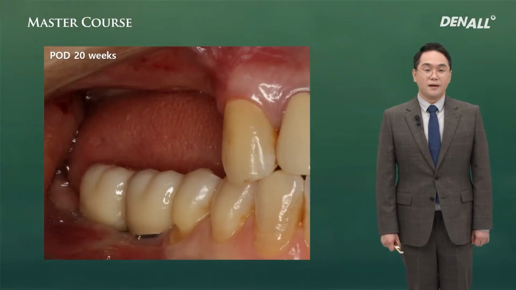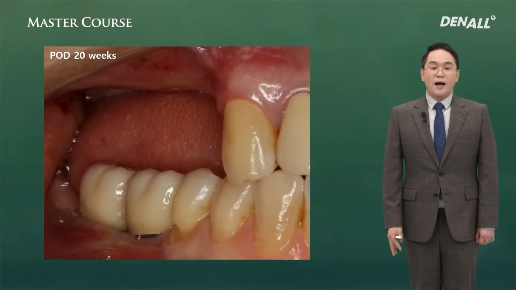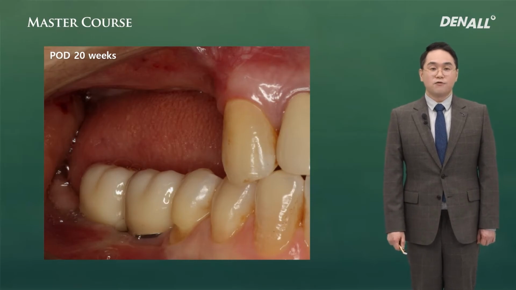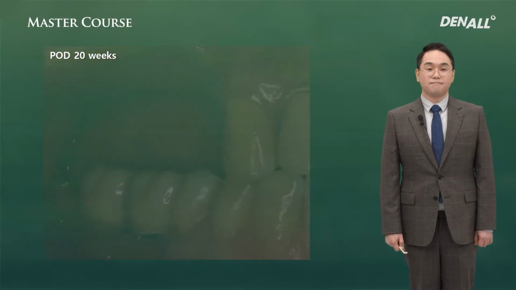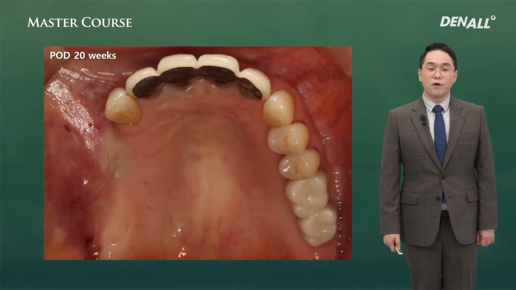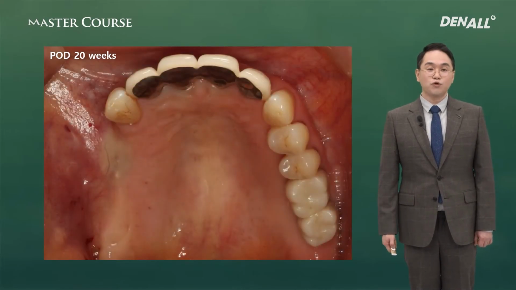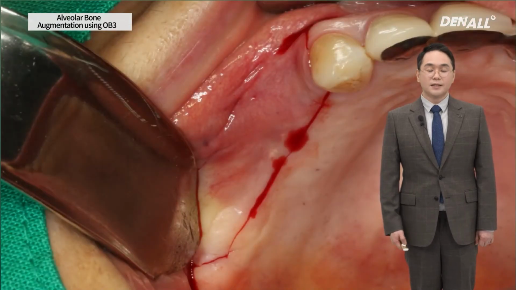After that, 5 months after operation, the final prosthesis in the mandible is completed and titanium mesh is to be removed in the maxilla. The maxillary titanium mesh is not exposed up to 5 months after operation.